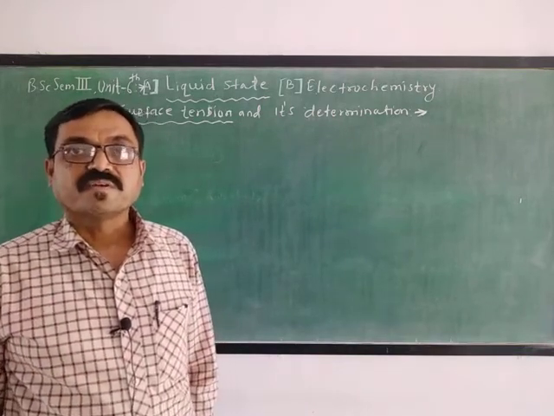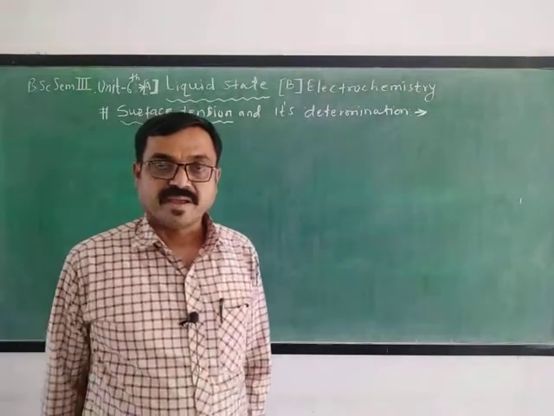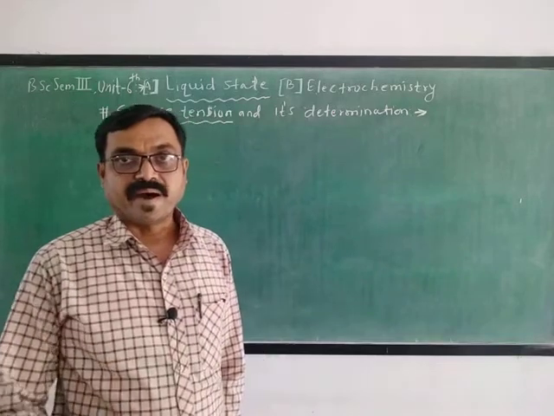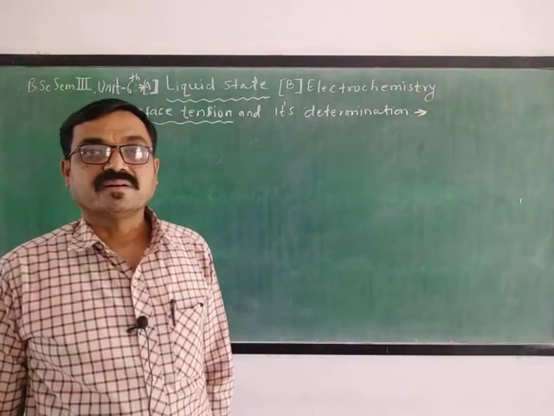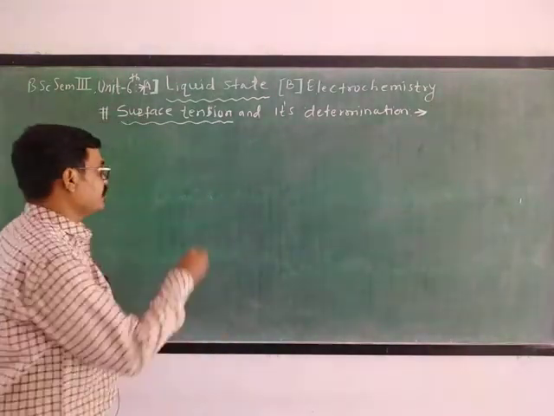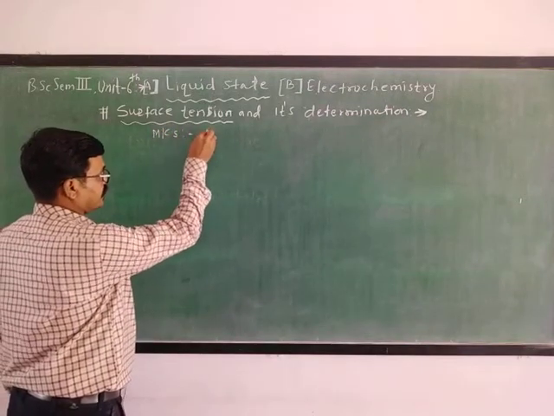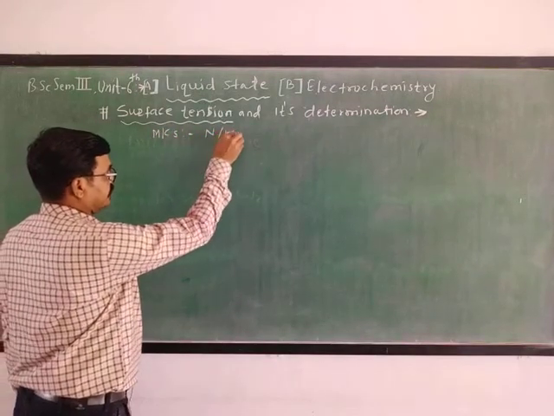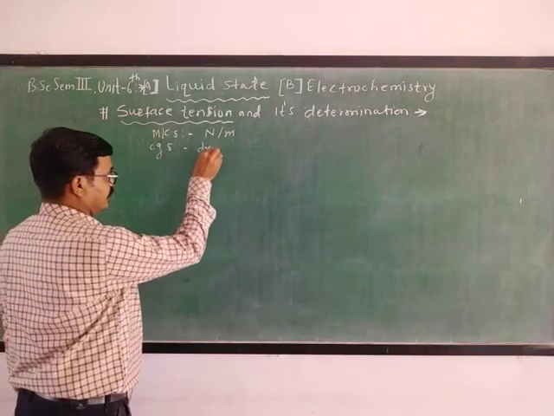That force in dyne or in Newton acting on the surface per 1 meter is called surface tension. Now the MKS unit of the surface tension is Newton per meter and the CGS unit is dyne per centimeter.